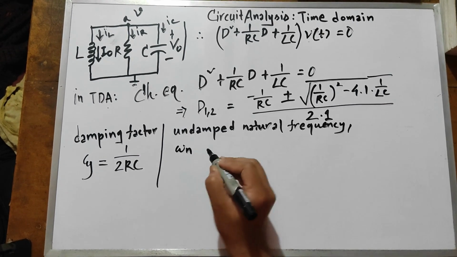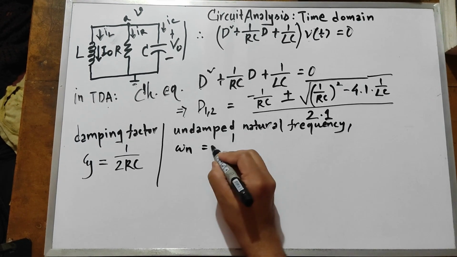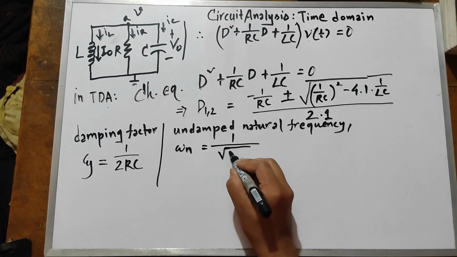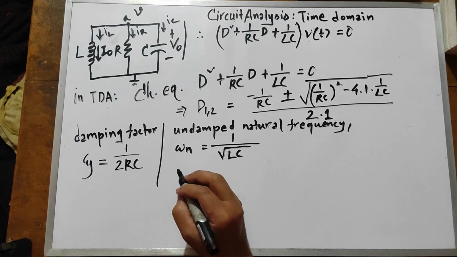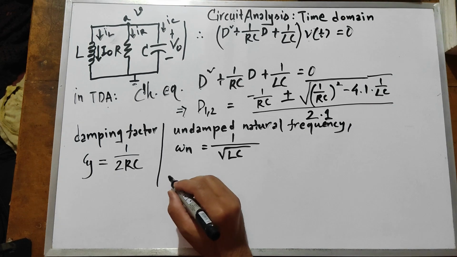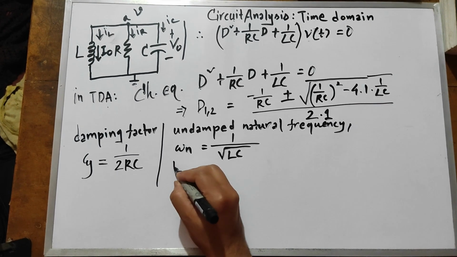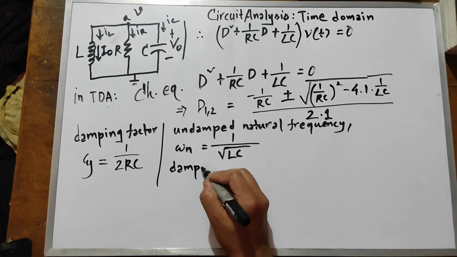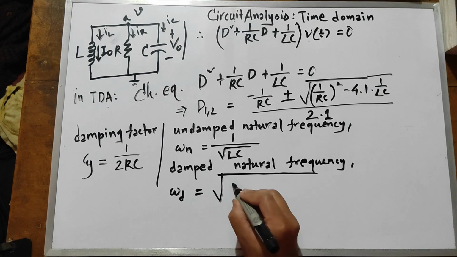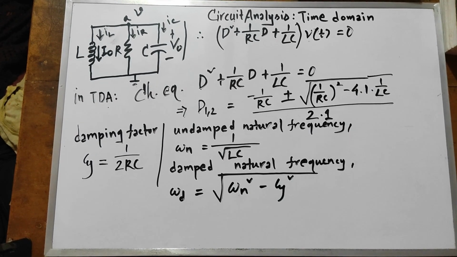Then the undamped omega n, which I have defined in my previous videos, is 1 by root over LC. And one of the most important terms is the damped natural frequency, which I defined in my series RLC circuit response video: omega d equals root of omega n square minus zeta square.